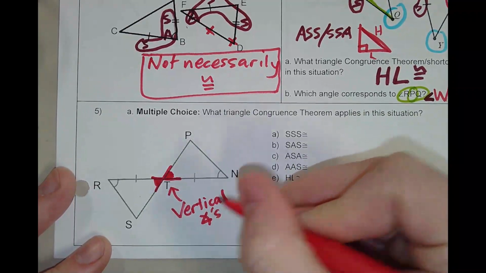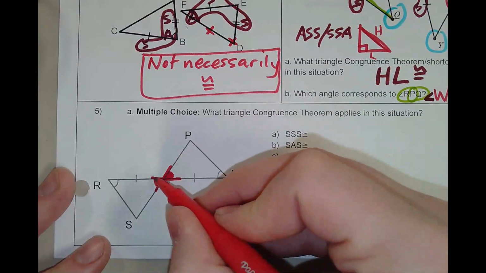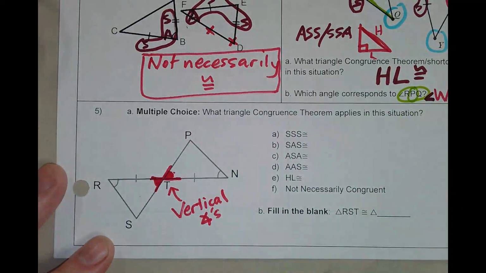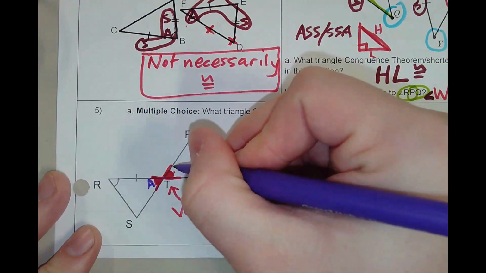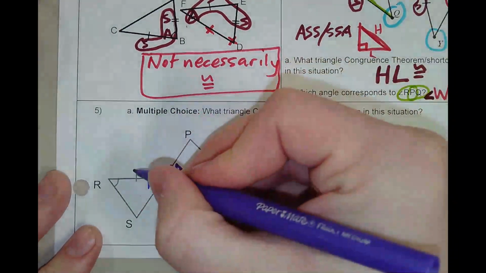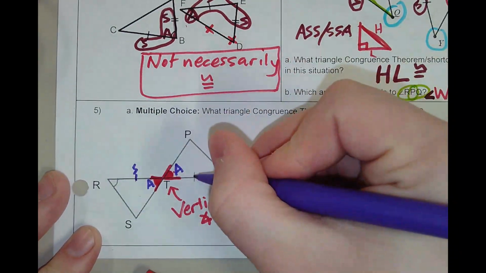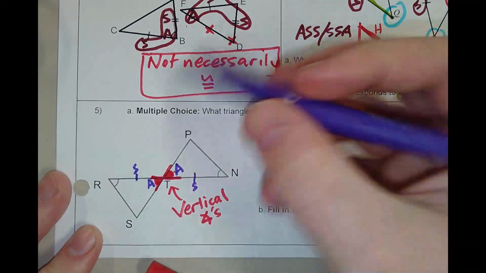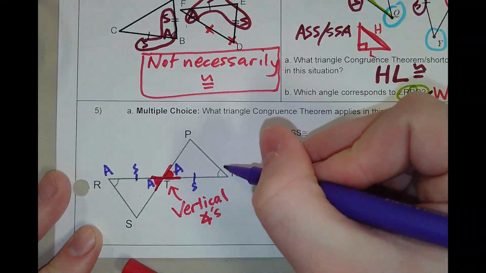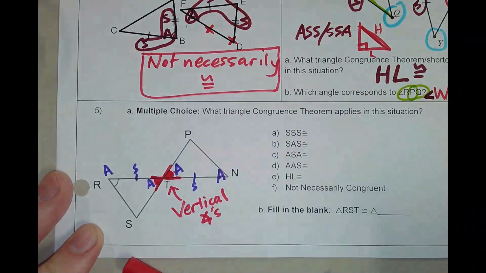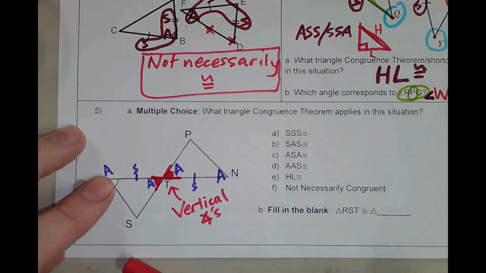Vertical angles are congruent. So you can add that to the diagram. Now that we added it, I can write the letter A there and the letter A. The letter S here for that tick mark. The letter S here for that tick mark. And the letter A for that corner that's marked with a tick mark. And the letter A for that corner that's marked.